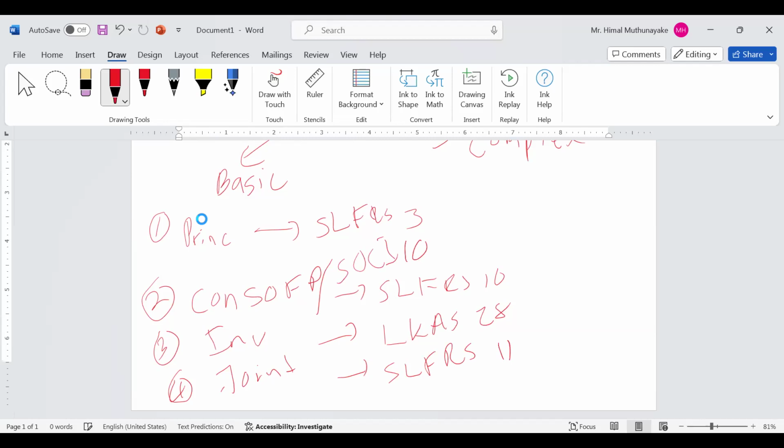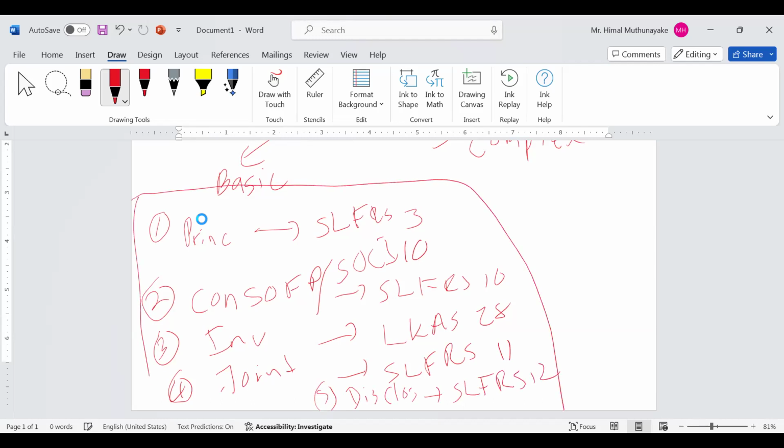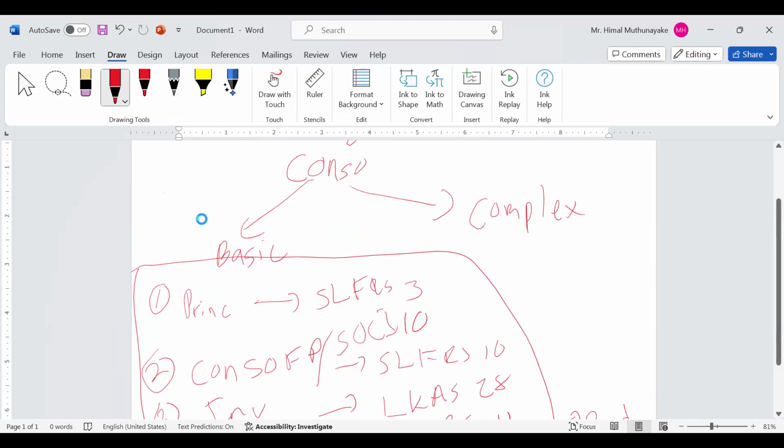And as a fifth one, we discussed the disclosures related to consolidation in the SLFRS, right? So this part we did in second year. Now we are in the complex group calculation.